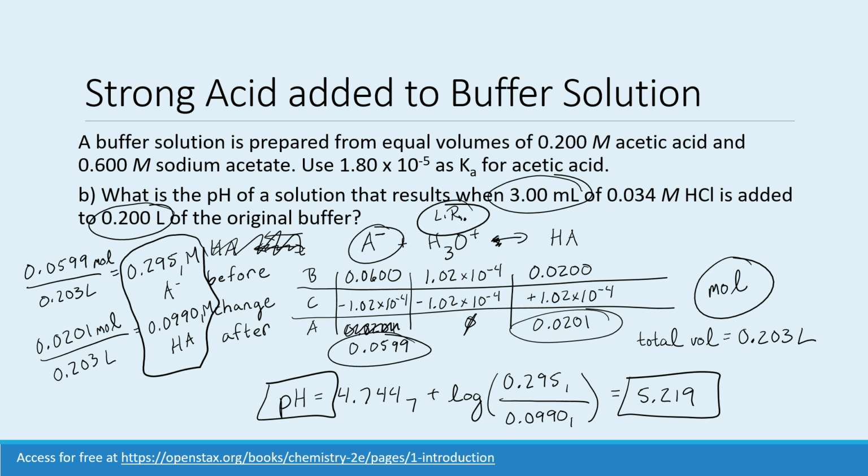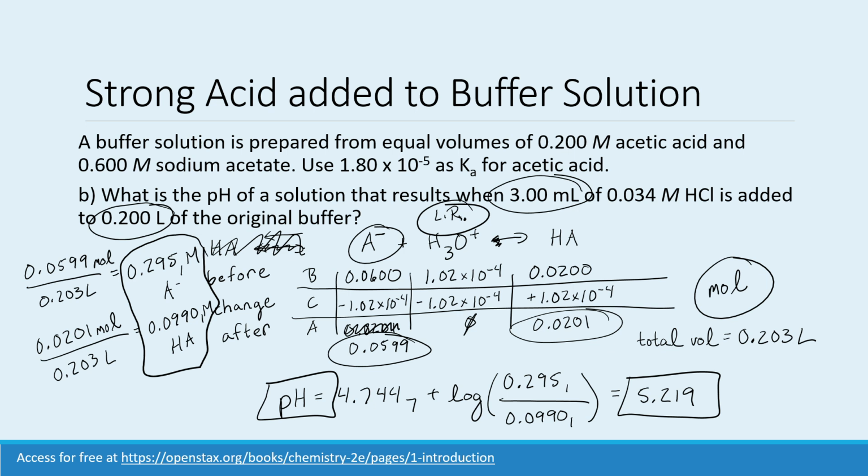Okay, and let's just look real quick. Buffers, the whole point is to resist a change in pH. Had we added that 0.034 molar hydrochloric acid to that solution, it would have dropped that pH because we would have added pure hydronium ion to water if it was unbuffered.